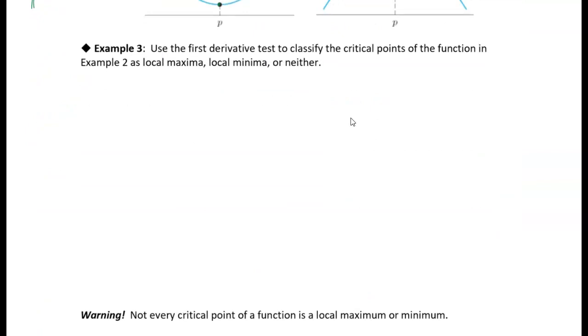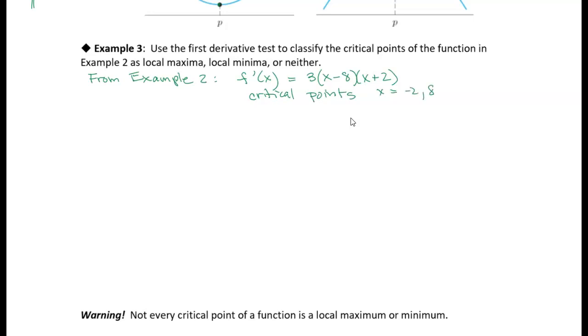All right, so from example 2, we found that the derivative of that polynomial, and I'm just going to write it in factored form, is x minus 8 times x plus 2. Okay, that was our derivative, and we had critical points at x equals negative 2 and 8.